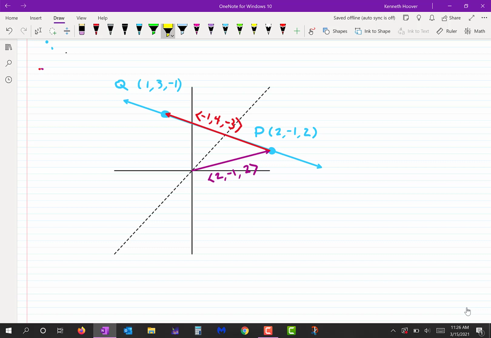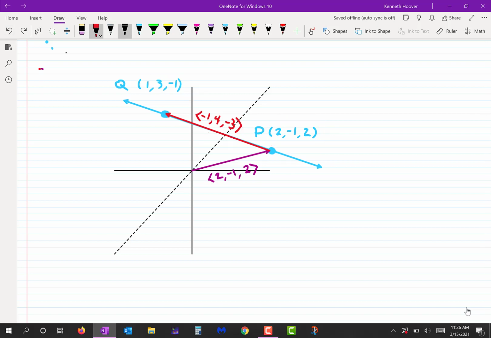Because that's what you add to 2, -1, 2 in order to get 1, 3, -1. You see what I'm saying? If we add those three numbers to these three numbers, it will take us to these three numbers. Okay?